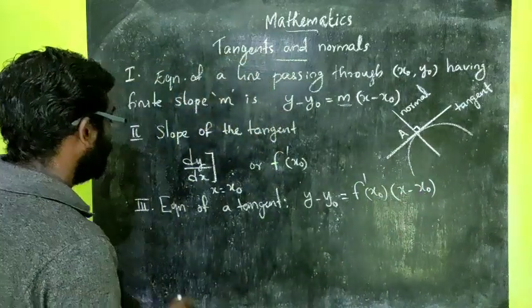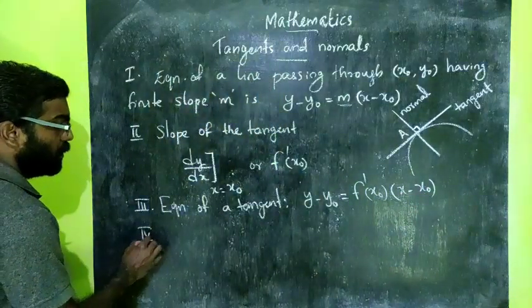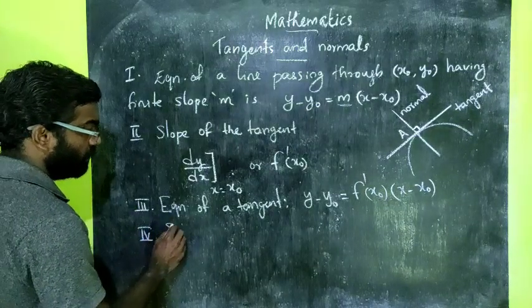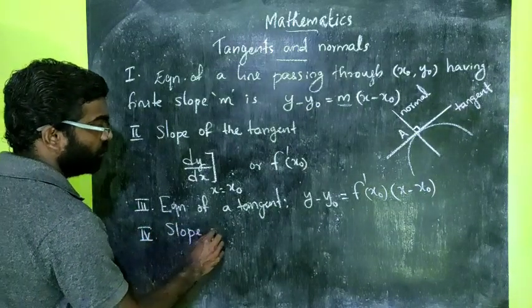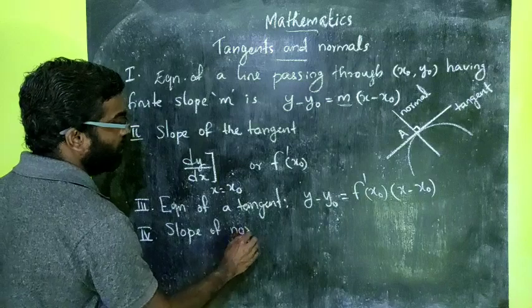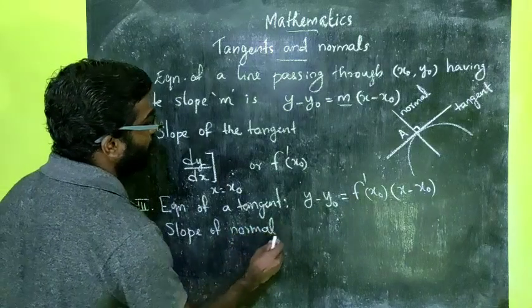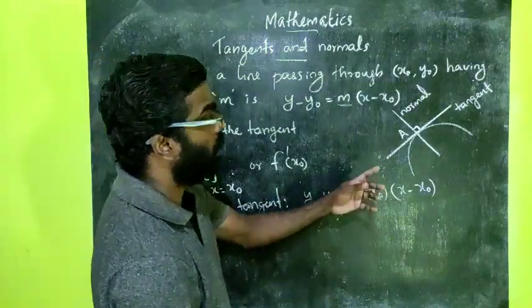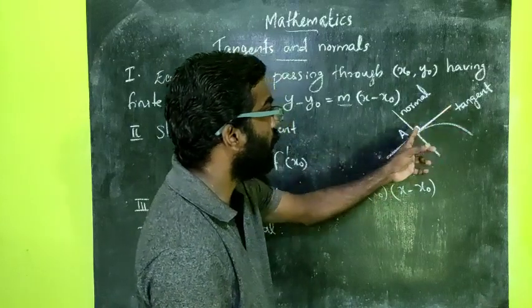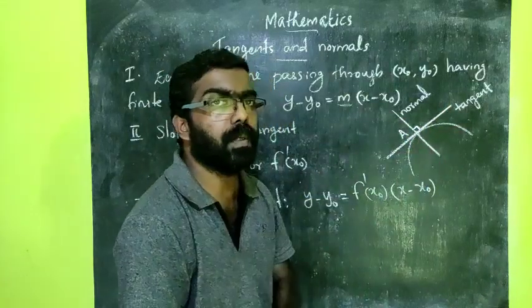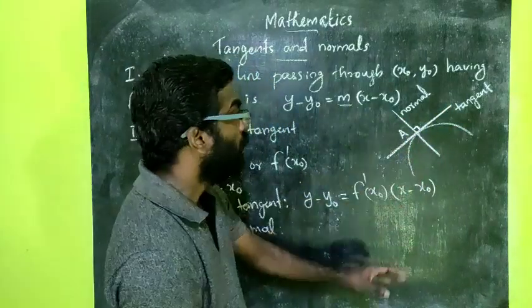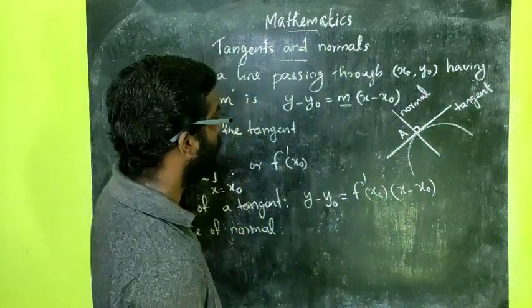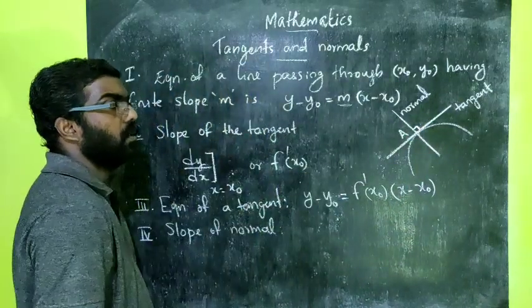Clear? Now the next one is slope of normal. From this figure it is clear that the tangent line and the normal line are perpendicular, and we know the slope of the tangent as f dash of x0.